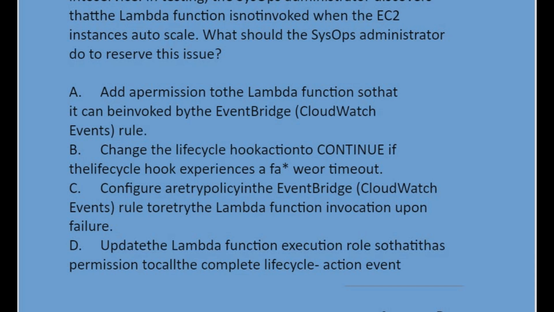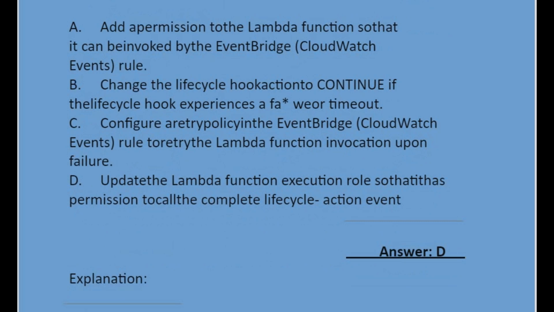Option C. Configure a retry policy in EventBridge, that is the CloudWatch Events rule, to retry the Lambda function invocation upon failure. Option D. Update the Lambda function execution role so that it has permission to call the complete lifecycle action event. Correct answer is option D.